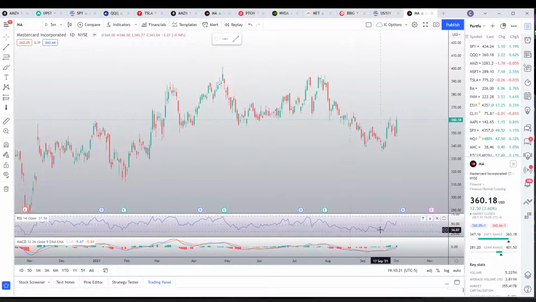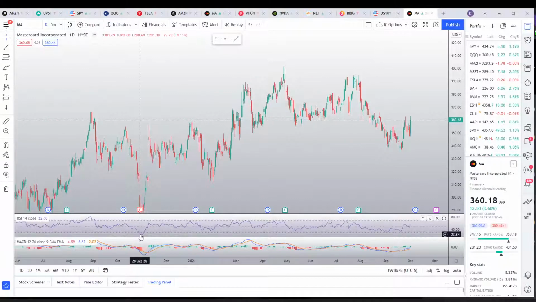This is the indicator which shows the relative strength of the stock. So if it's all the way under 30, it is oversold. That is one of the good entries you can get. Can it be oversold for a while? Absolutely. But usually in about a week or so, it will come out.